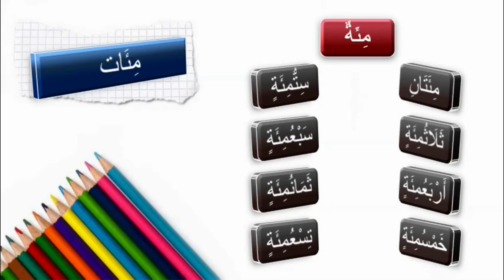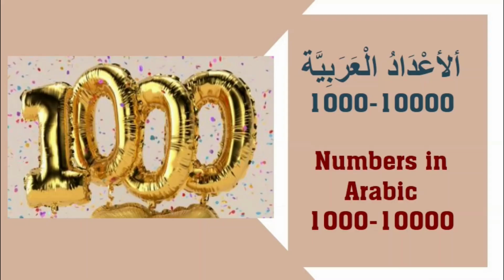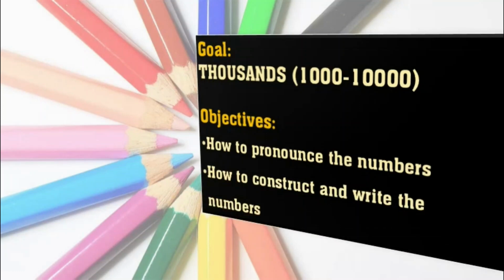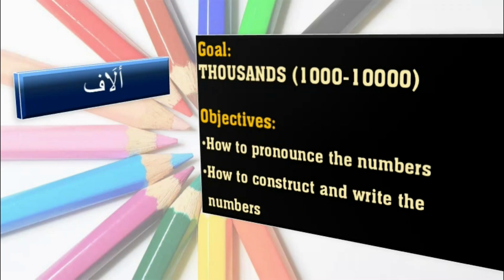Sittu mi'atin 600. Sab'u mi'atin 700. Thamanu mi'atin 800. Tis'u mi'atin 900.